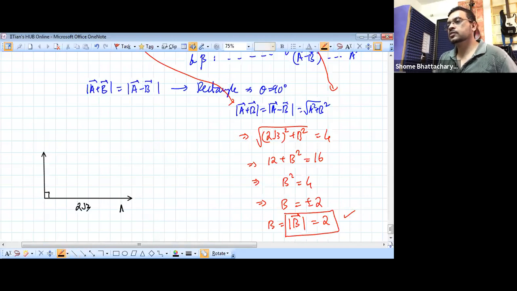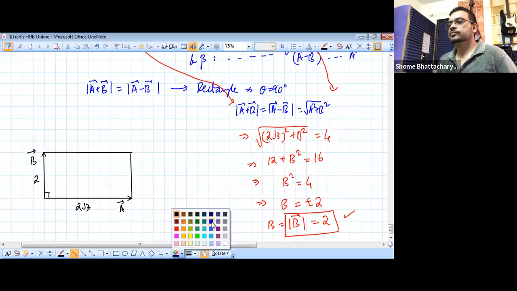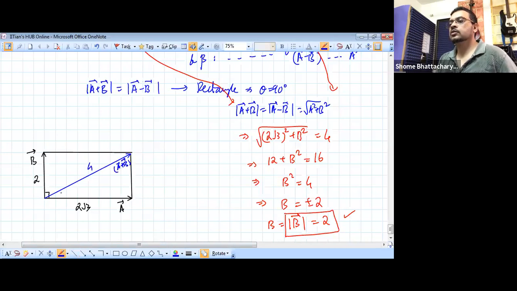This is 2 root 3 vector A, and this is 2 in magnitude vector B. So now this is A plus B, magnitude 4, and this angle is alpha.